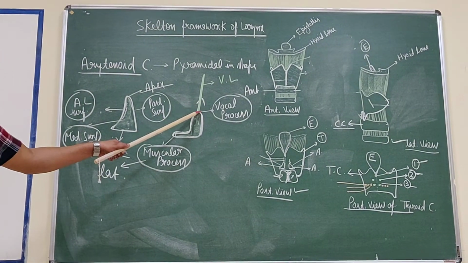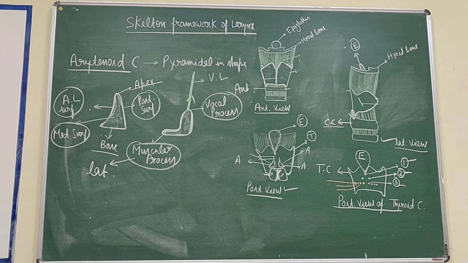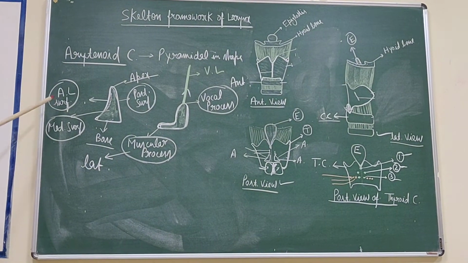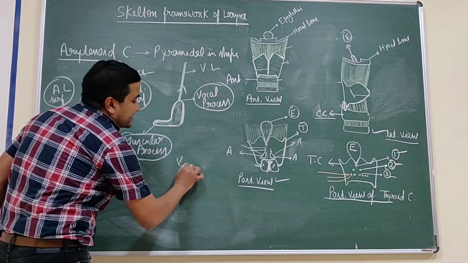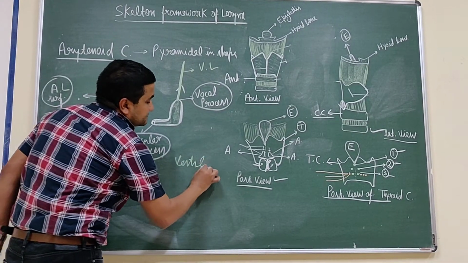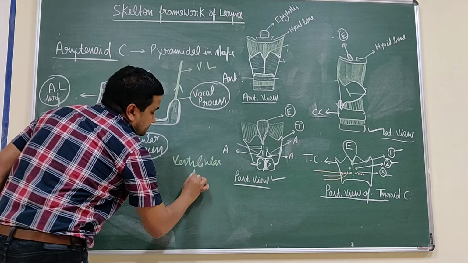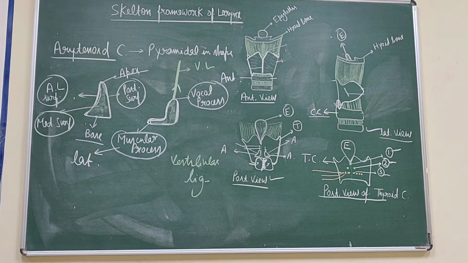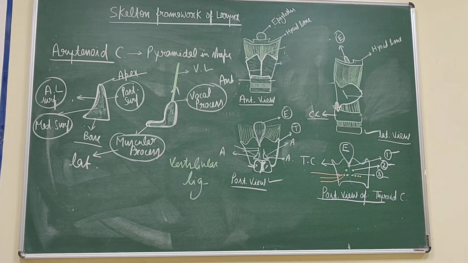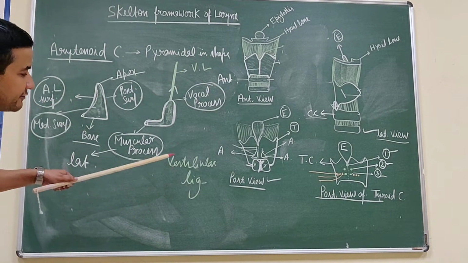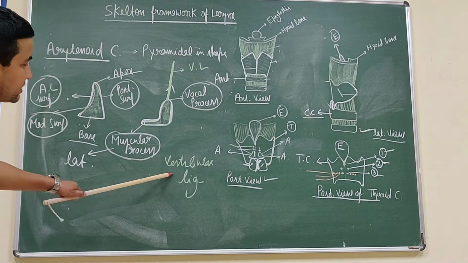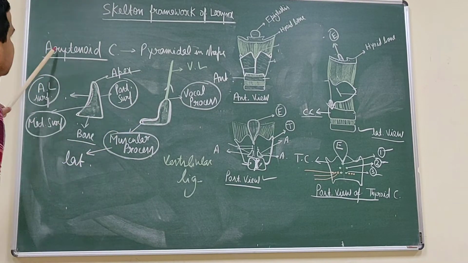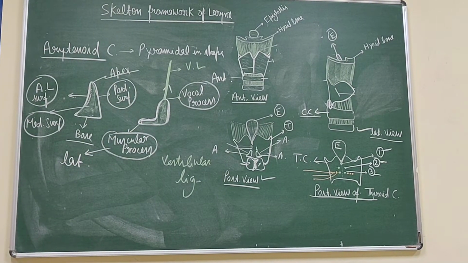Above this vocal process, on the anterolateral surface, there is another ligament attached, that is the vestibular ligament. So the vocal ligament and the vestibular ligament posteriorly are both attached to this arytenoid cartilage.